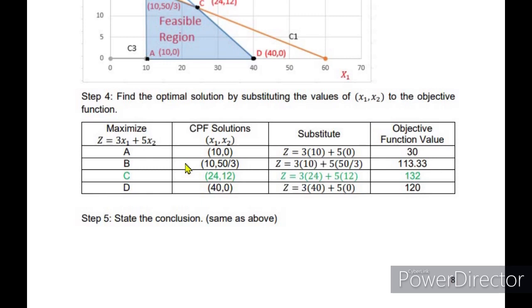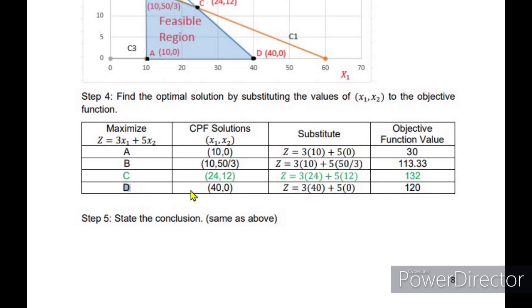Step 4, find the optimal solution by substituting the values of x sub 1, x sub 2 to the objective function. For point A, substitute it here. So you get 30. For point B, substitute the solutions to the equations. So you get this. For point C, substitute these solutions to this. You get this.